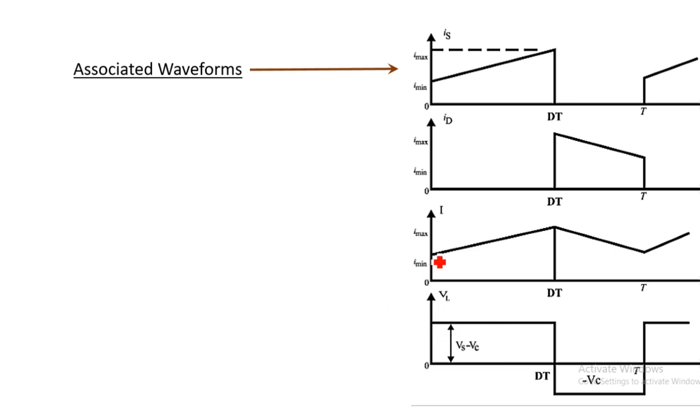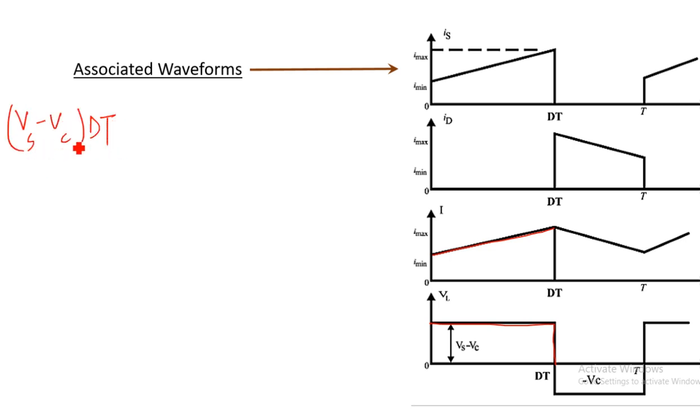When the inductor current is rising, the voltage across the inductor, as we have already seen, is Vs minus Vc. So the area is (Vs minus Vc) multiplied by dT.